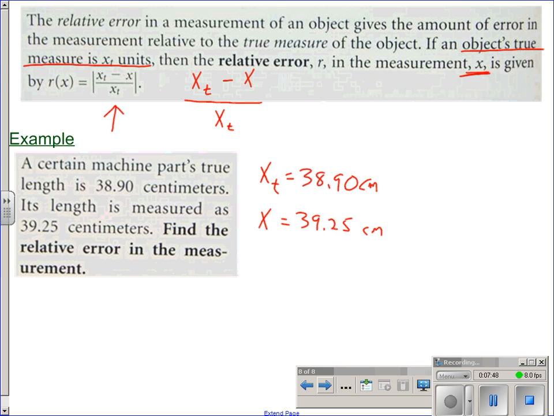Find the relative error. Okay, so R of x, relative error, is the absolute value of what it's supposed to be, 38.90, minus what it actually is, 39.25, over its true length, what it's supposed to be.